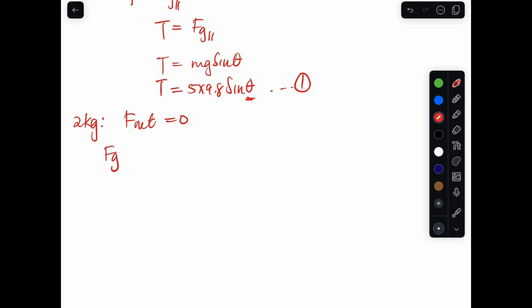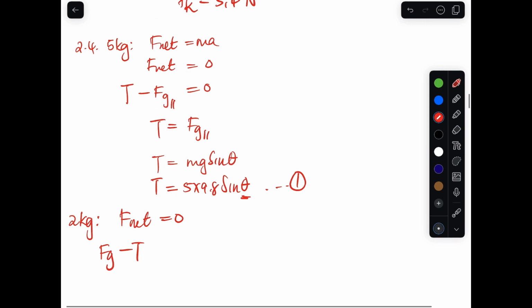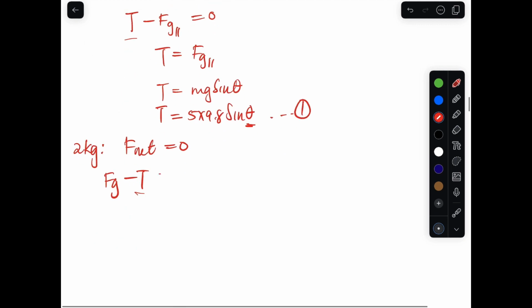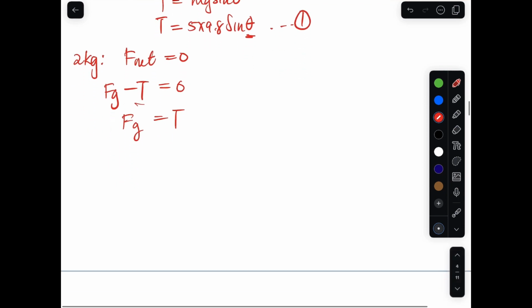So Fg is positive minus the tension force. Remember what I've spoken about, that the tension force needs to be negative. This one is positive, this one will be negative, equal to 0. So there the Fg is equal to the tension force.